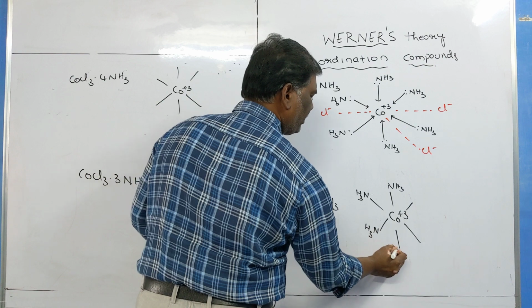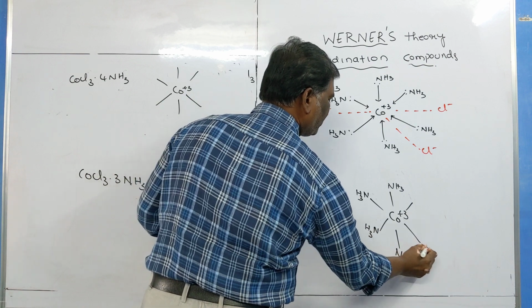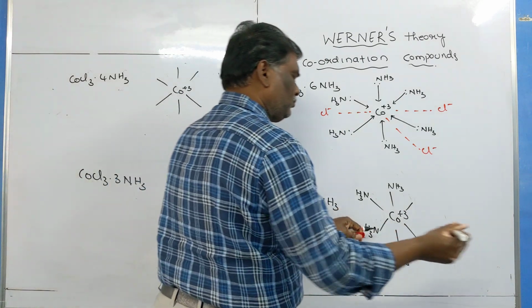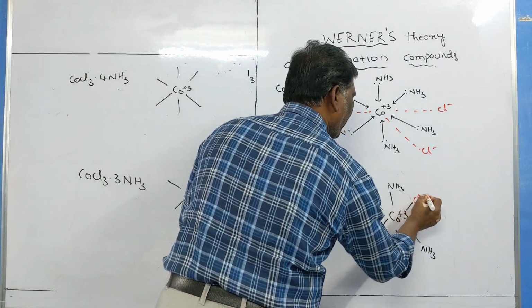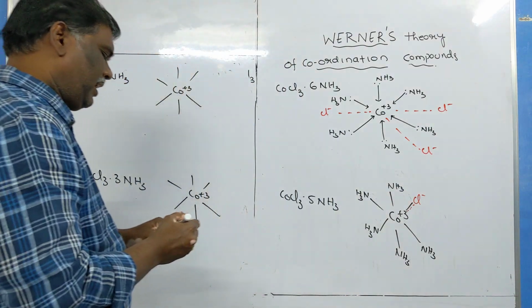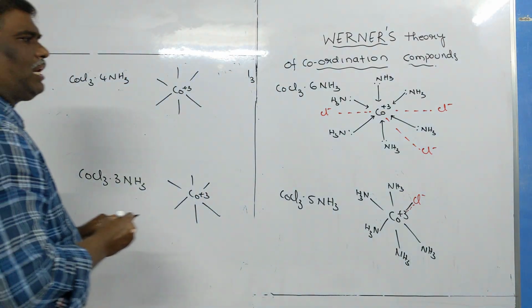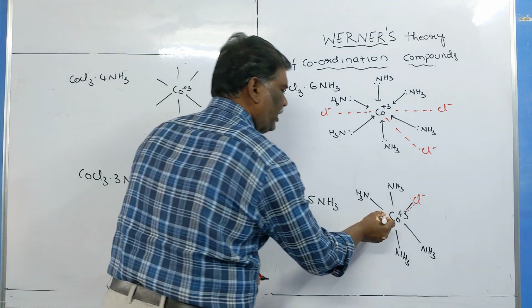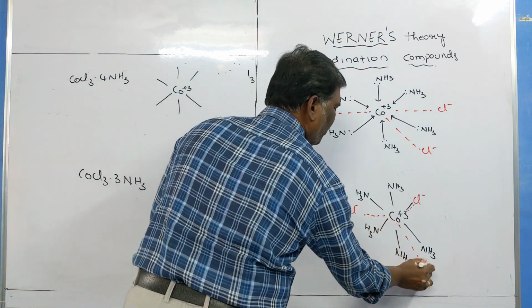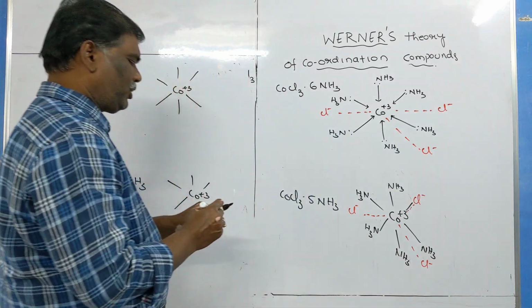Here is a chloride. The chloride is satisfying both primary valency and secondary valency in this case. The remaining 2 chlorides can be written at any position, no problem.